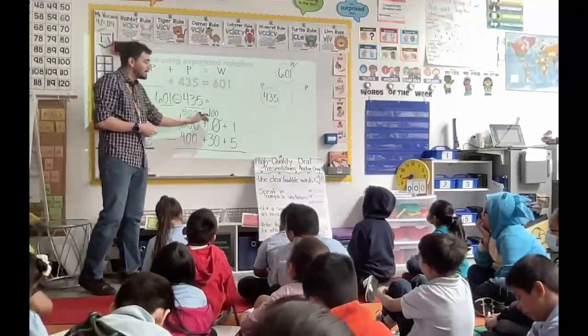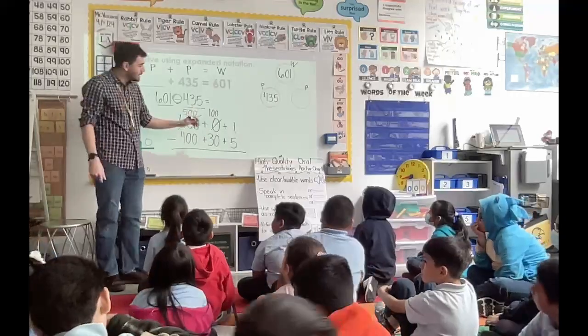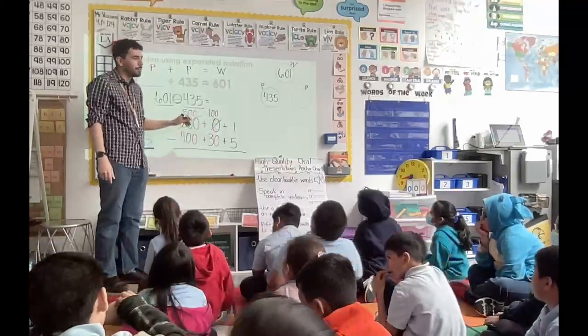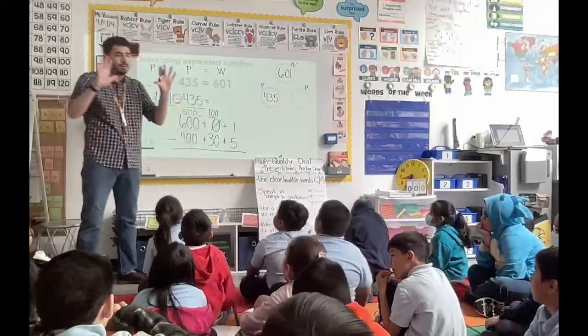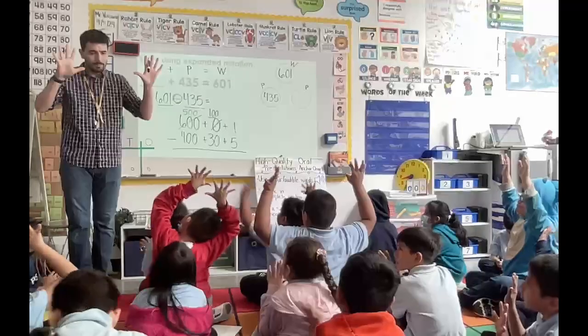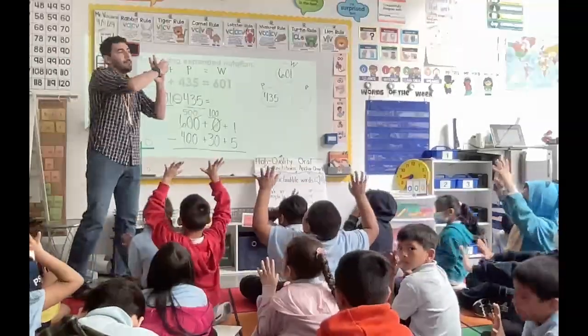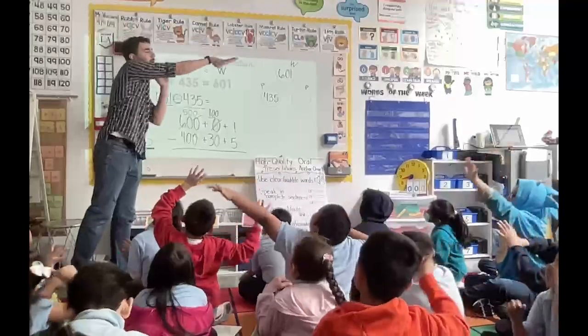So how many 10s are in the number 100? 10. Hold up 10 fingers. Take one of your 10s and move it next door.